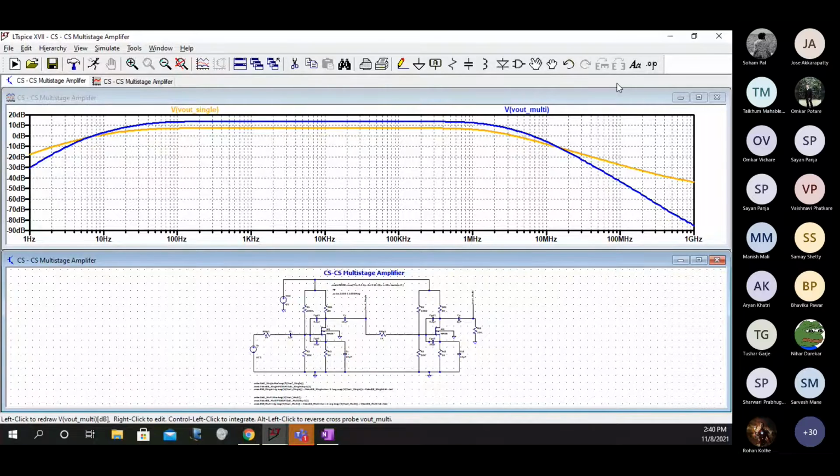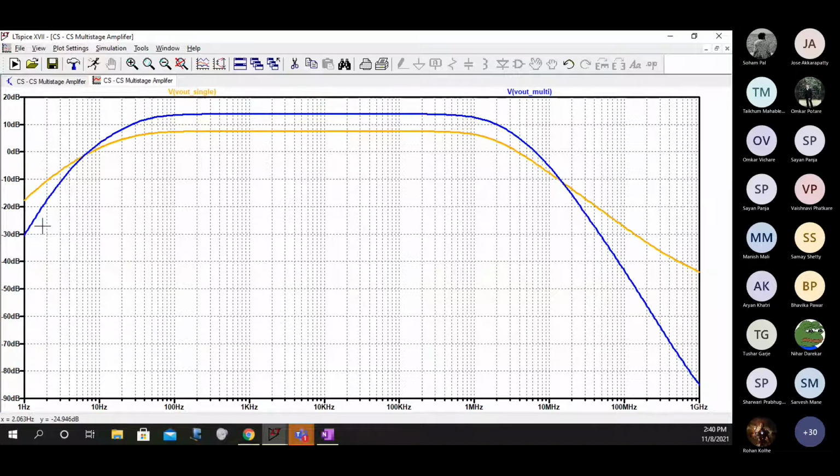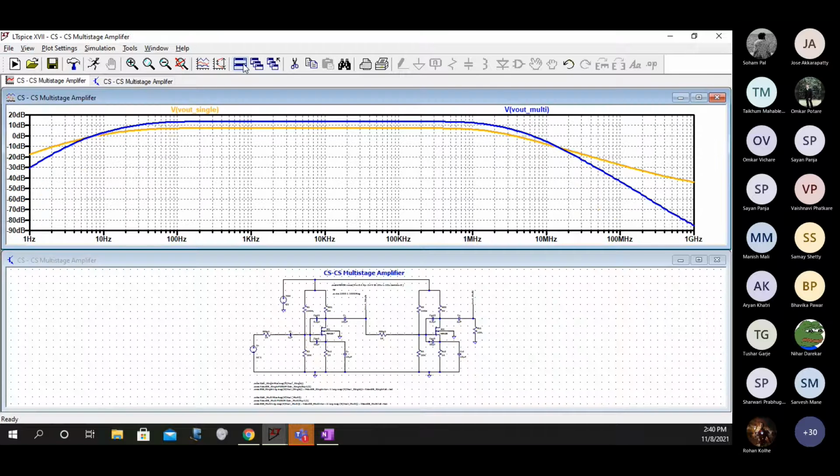What you can observe very nicely is that for a single stage amplifier, the gain is smaller, but the bandwidth is higher. Whereas for a multi-stage amplifier, the gain is high, but the bandwidth is lower. This is something we need to observe and find out whether it is true or not. So that's the first thing.